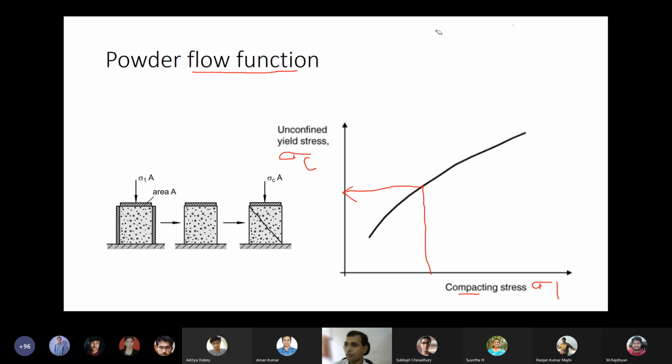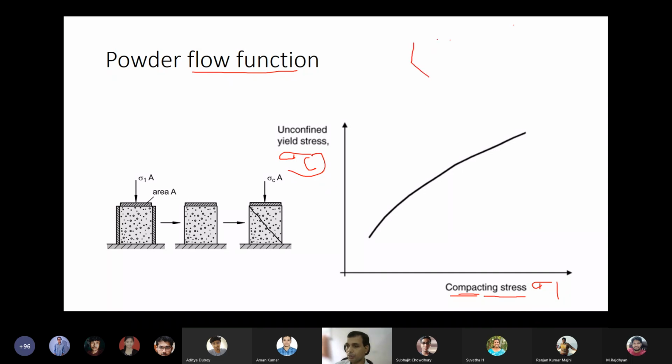So we have a flow function for a given material. From a uniaxial compression tester, we got a flow function, right? This is for all compacting stress conditions. For various types of compacting stress conditions, we got the unconfined yield stress value.